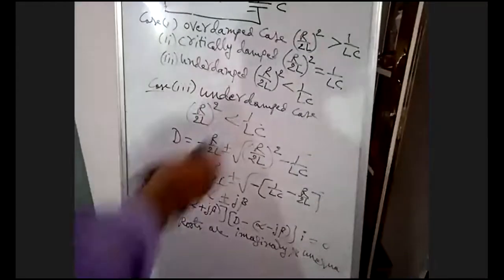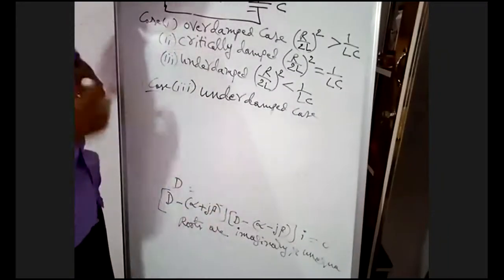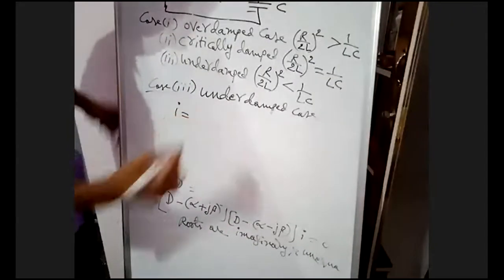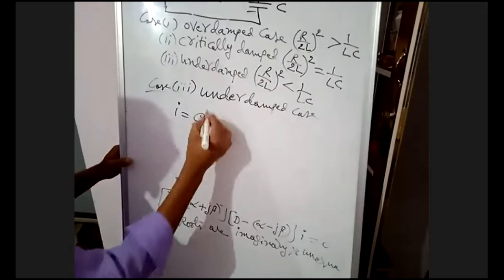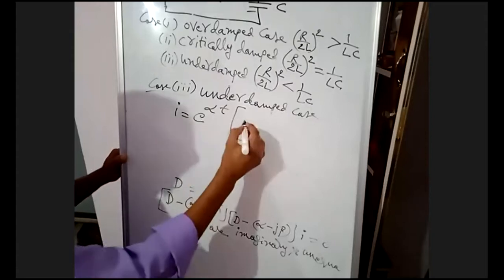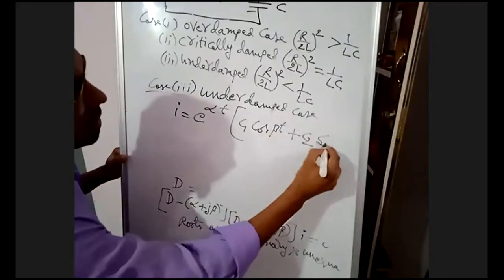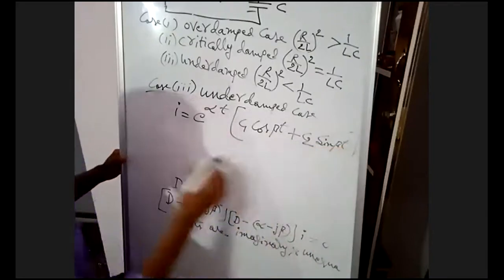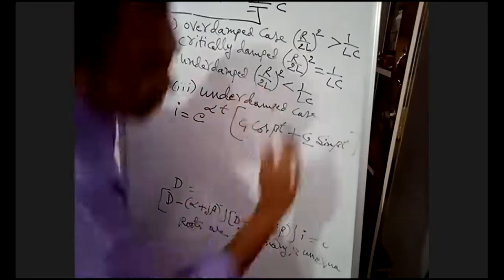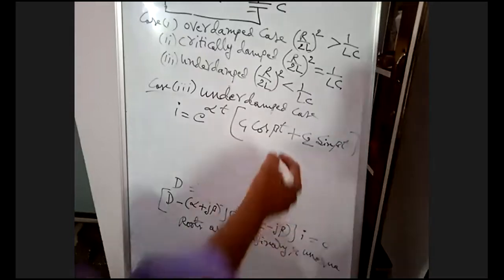We'll see the solution here now for the current. e power alpha t, e power real value into t, c1 into cos beta t plus c2 into sin beta t. Here this is the real value, this is the imaginary value. Alpha is the real value, beta is the imaginary value. This is the solution for the current if the roots are imaginary and unequal. Let it be equation 3.